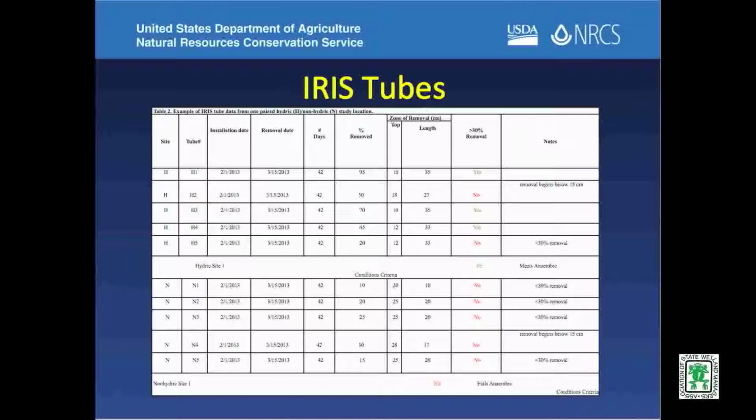Then there's a column that says, was there greater than 30% removal or was there not? And then there's a yes or no. You can see in the hydric case, 3 out of the 5 tubes had 30% removal, and in the non-hydric case, none of them had 30% removal. So the hydric soil passed based on iris tubes, and didn't pass in the upland site.